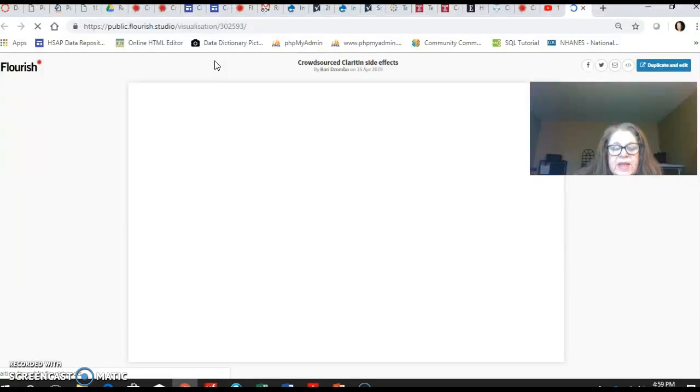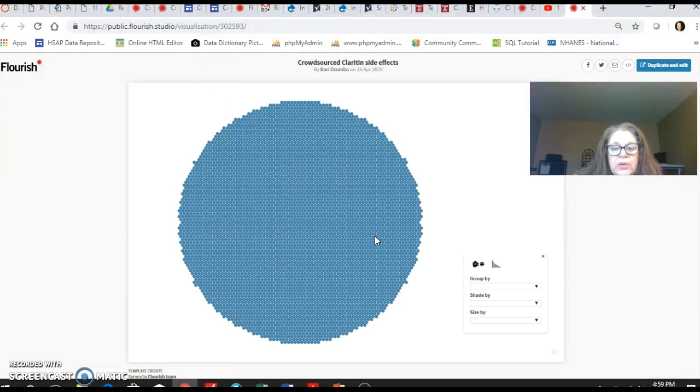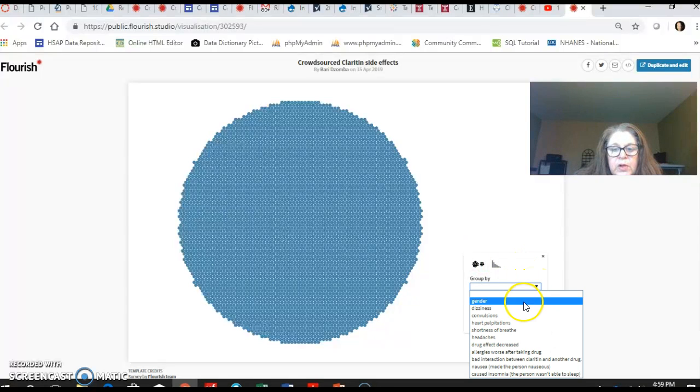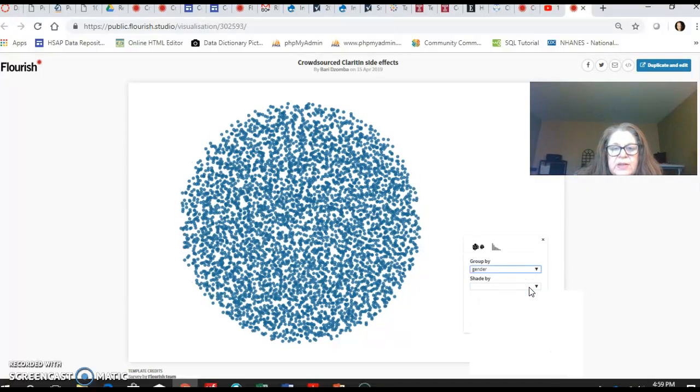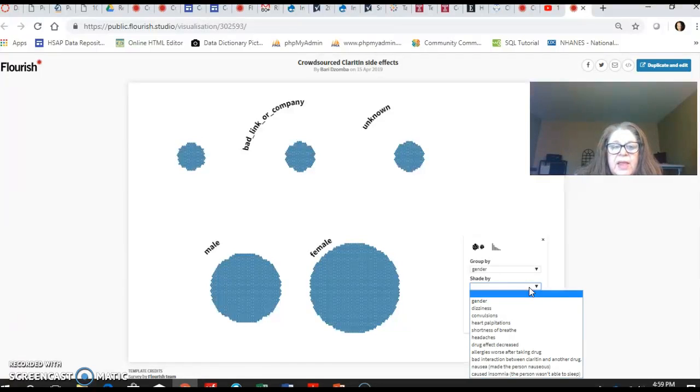And in this visualization, you can pick and choose how you want to group the data. You could group by gender. And please note as this opens that the data is not perfect.